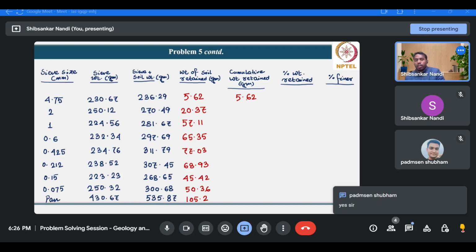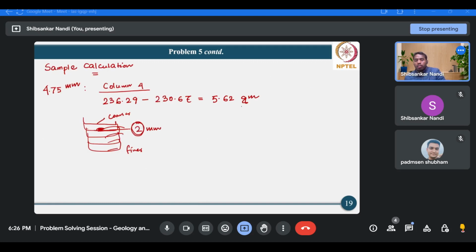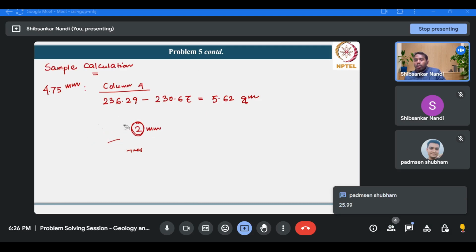Okay. So 5.62. Now for 2 mm, let me know what would be the value. What would be the cumulative weight retained on the 2 mm sieve size? Then it will be more clear. Yeah, very good, 25.99. So the value would be 25.99.